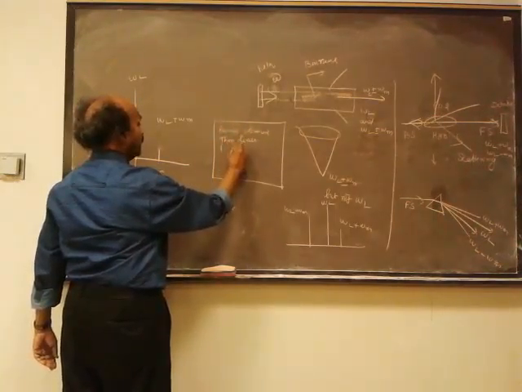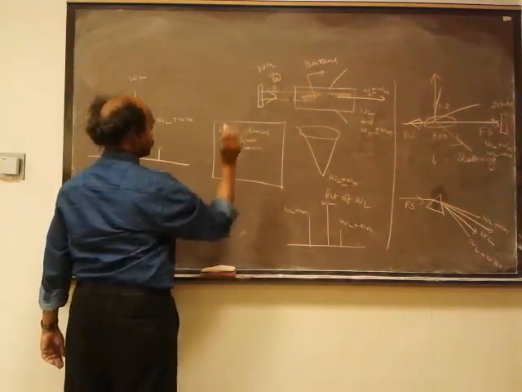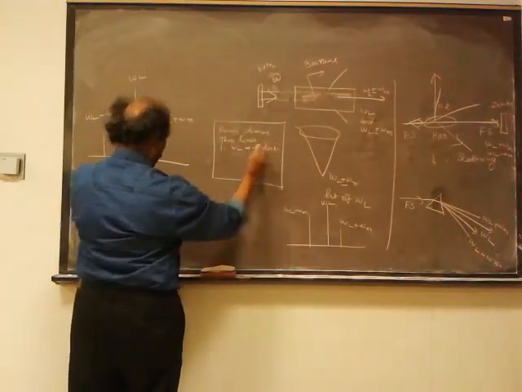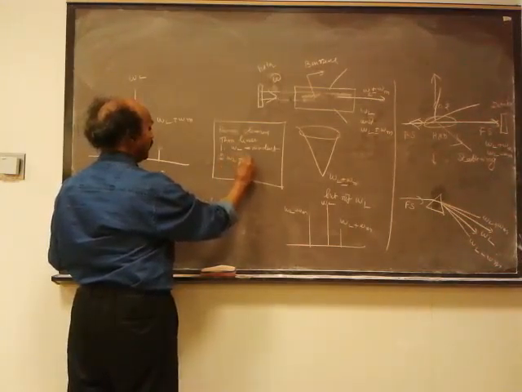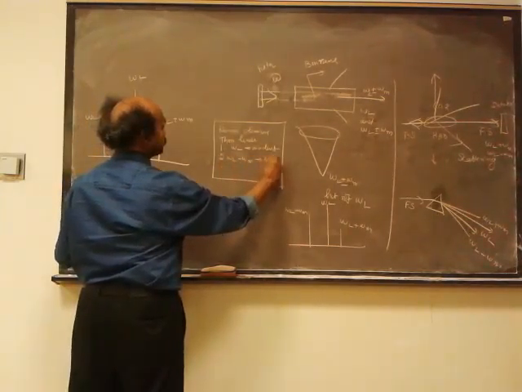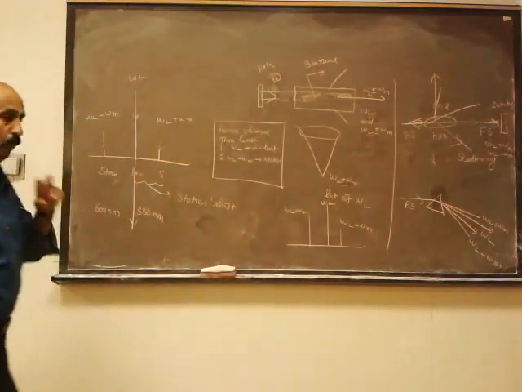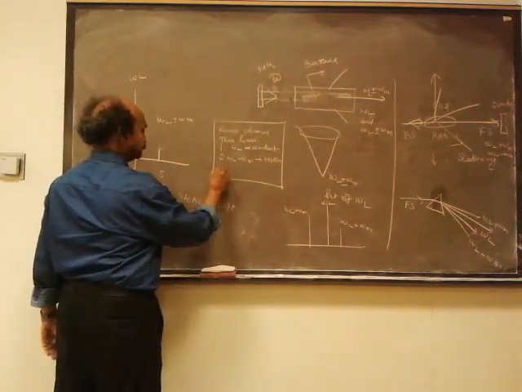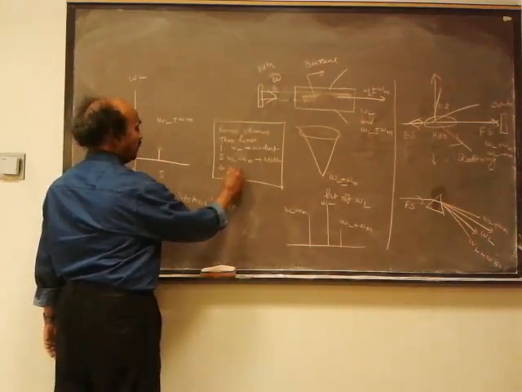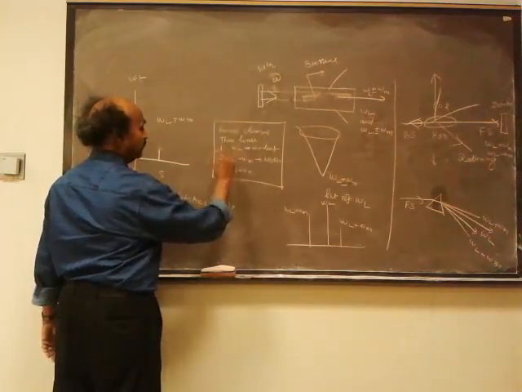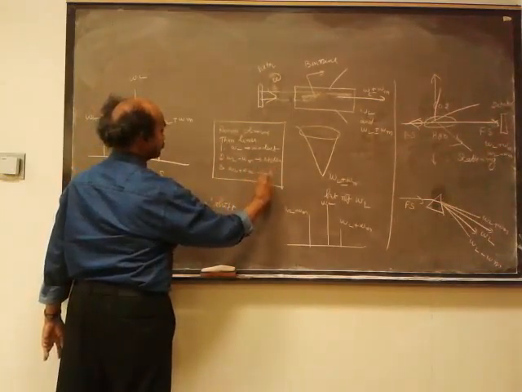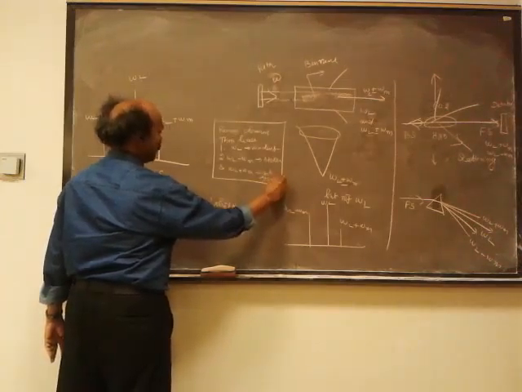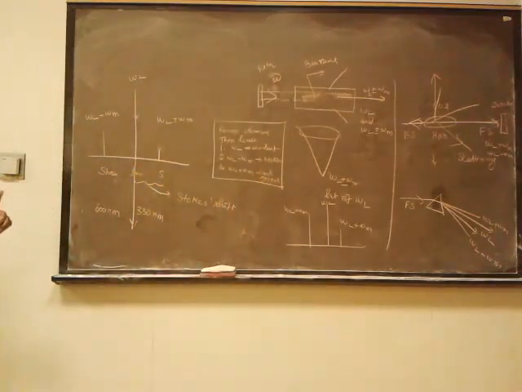One: omega L, this is the incident light. Two: omega L minus omega M, this is Stokes. Three: omega L plus omega M, this is totally new, this is called anti-Stokes. That's the first totally different result.